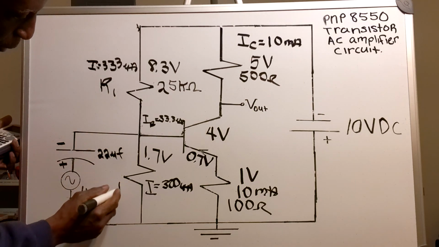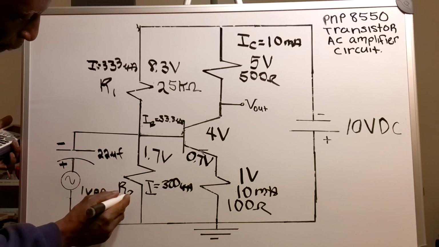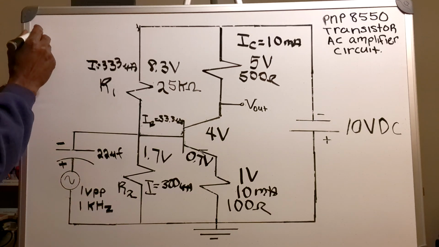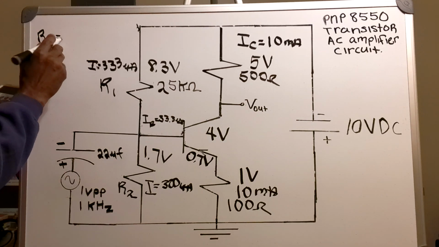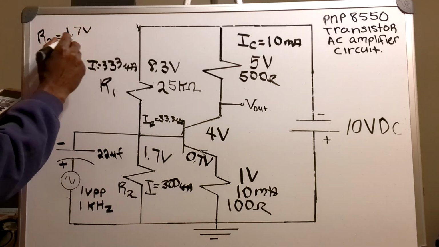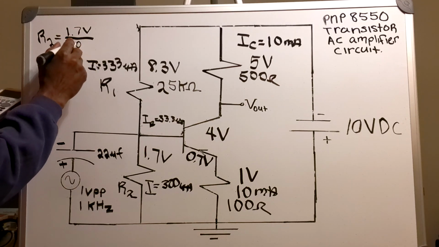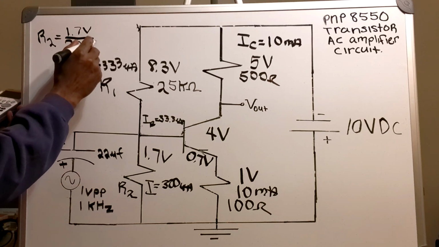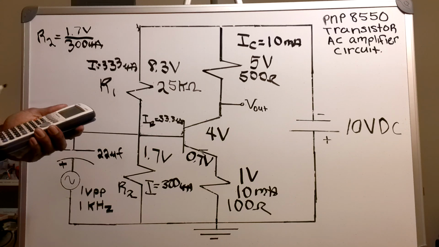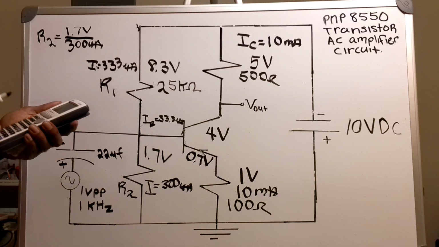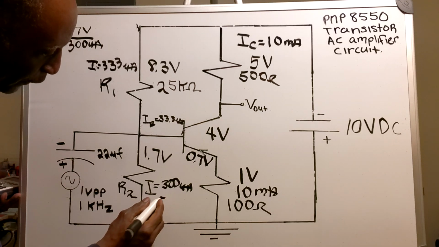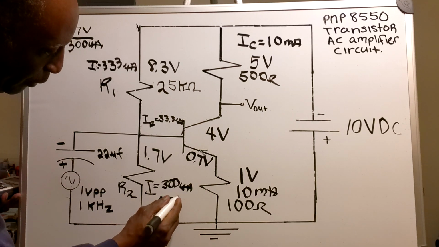This one I'm going to call R2. So R2 equals 1.7 volts divided by 300 microamps. And that gives me a value of about 5.7 k ohms.